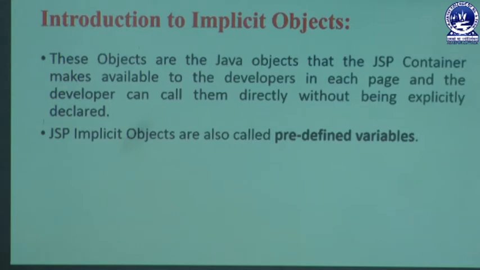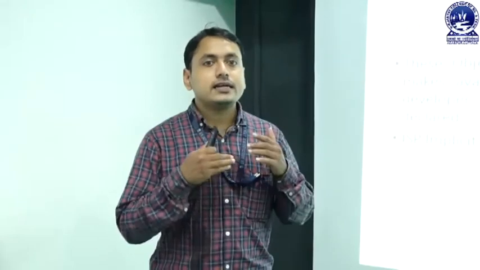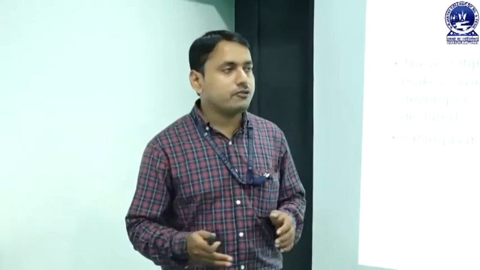There is no need for the user to write any commands or statements for them. The JSP system creates these objects, which are known as predefined objects, or implicit objects. Now let us focus on the slide.